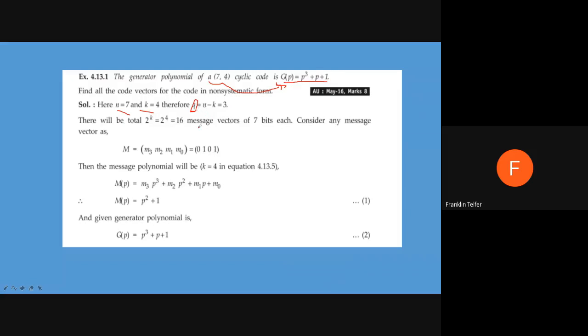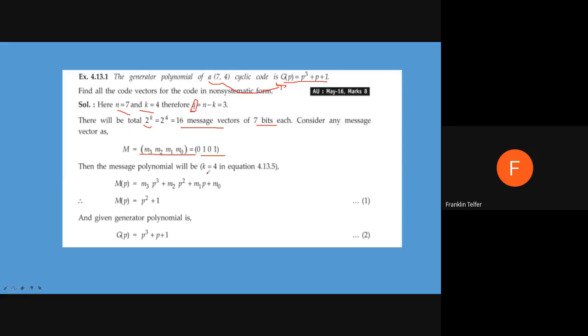There will be a total of 2 power k, that is, k is 4, so 16 message vectors available. Consider a vector m3, m2, m1, m0, and let us take the message as 0, 1, 0, 1.